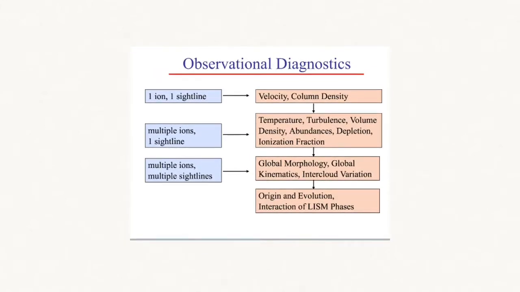Some of the key things we're going to be interested in are essentially the global morphology, the kinematics, and intercloud variation of the local interstellar cloud and the other clouds in the line of sight. And again, that will help us determine temperature, turbulence, everything that you see on that graph. And that's pretty important, and we'll get to that in a second.